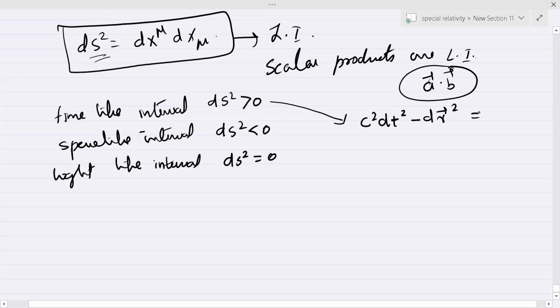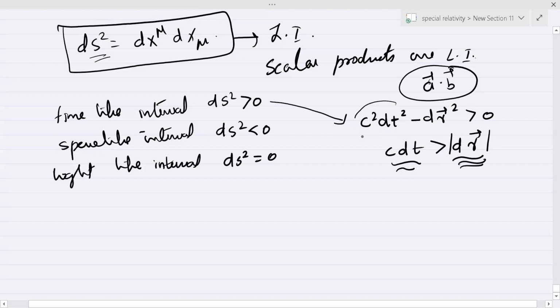This is greater than 0. This means that c dt is greater than the modulus of dr. This means that the time separation between the events is greater than the space separation.